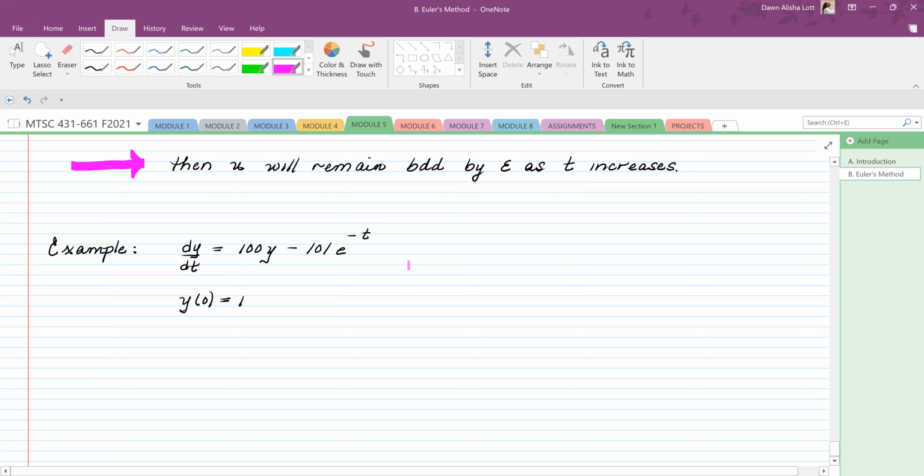So this thing has solution y of t is equal to e to the negative t. All right, so here's the perturbed problem.